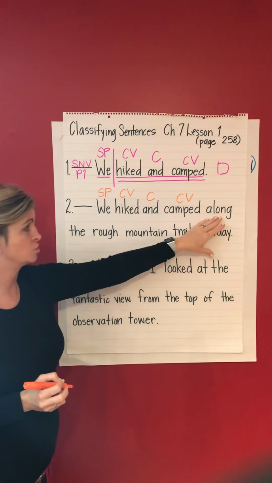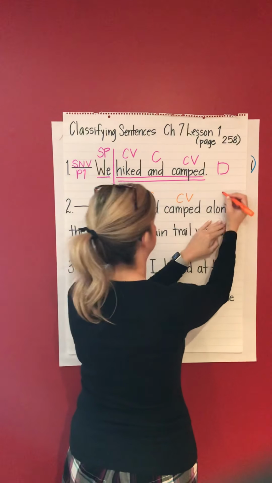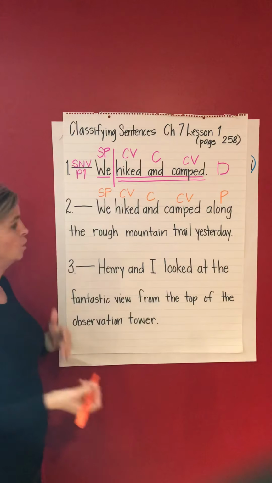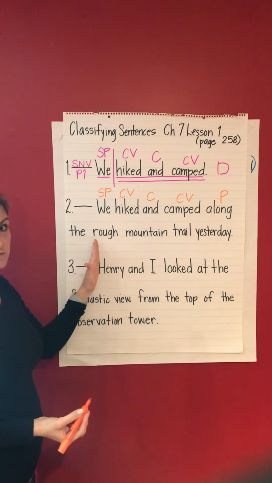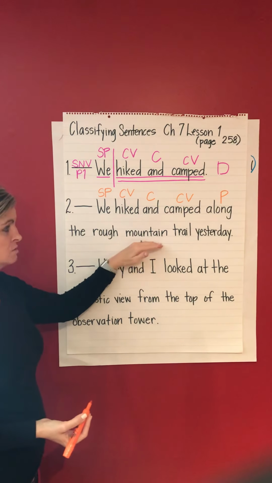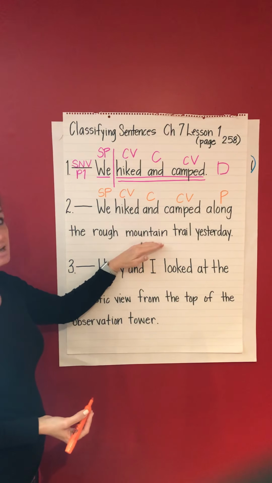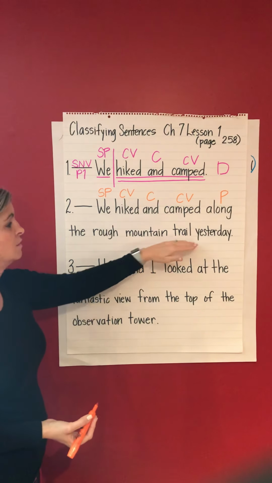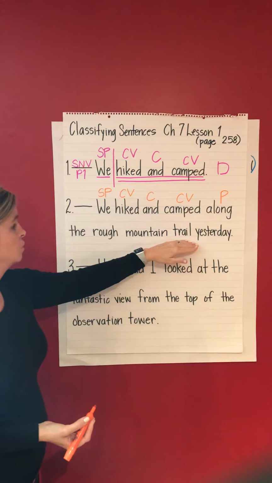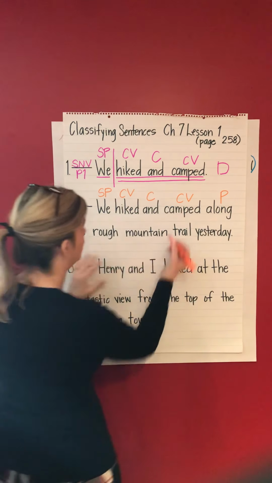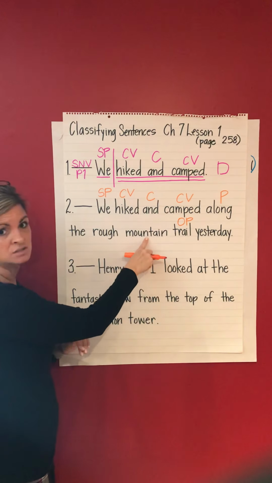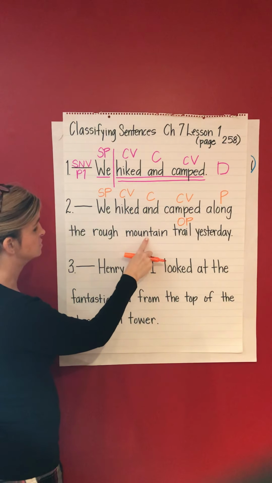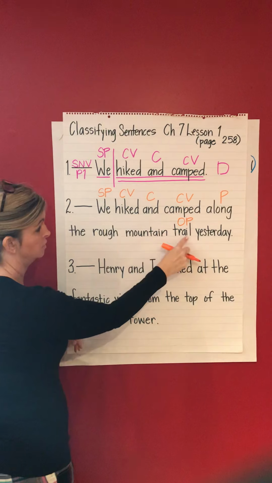Along is a preposition. So we're going to say along, preposition. Along what? Along rough? No. Along mountain? Maybe, and that might sound right, but we also have the word trail here. Along what? Trail. Object of the preposition. And in this case, mountain can be a noun, but in this sentence, it's actually describing trail.